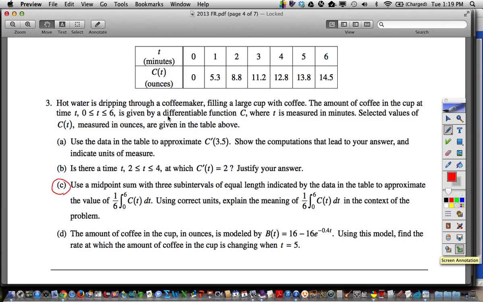But notice there they say 3 subintervals, like what Bailey said. Here we got 6, 0 to 6, but they only asked for 3 subintervals, so you could do a midpoint with that one. So, all right, I'll let you have the rest of the time to work on those things and ask me some questions if you have any questions about the grid. Okay?